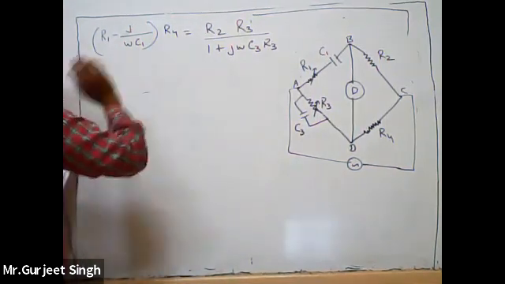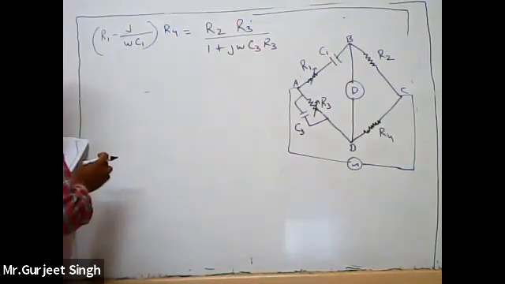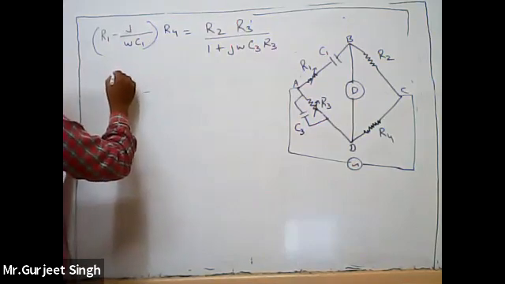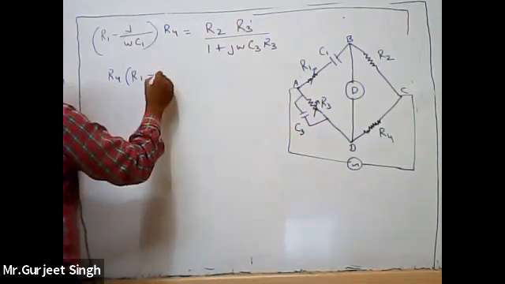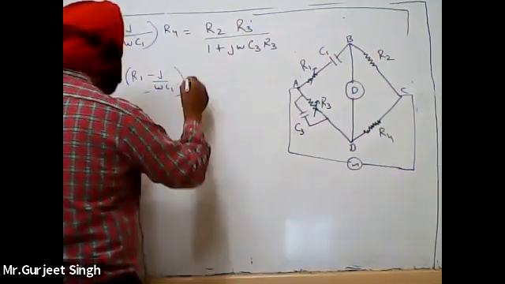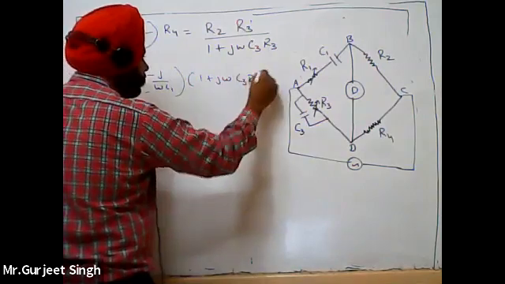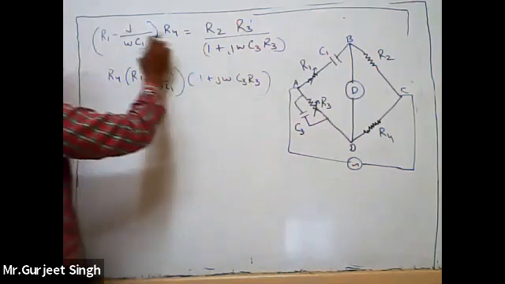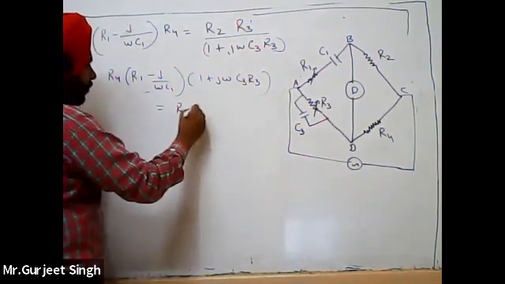We have R4 (R1 minus j omega C1) times (1 plus j omega C3 R3), cross multiplying the denominator with the numerator, is equal to R2 R3.